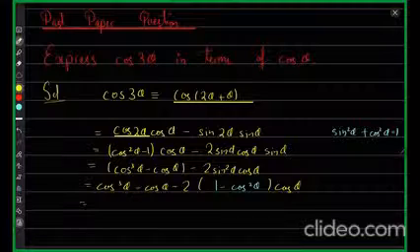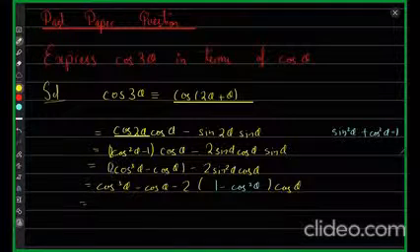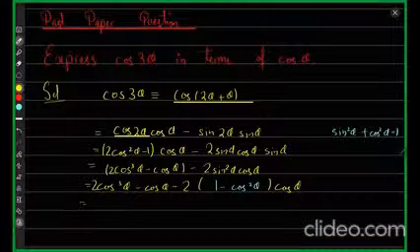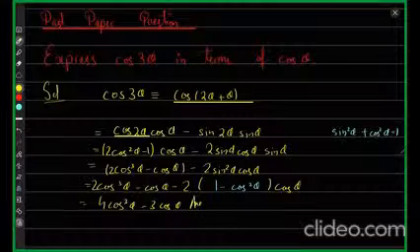So finally I would get 4 cos cube theta minus 3 cos theta. This is going to be the answer.